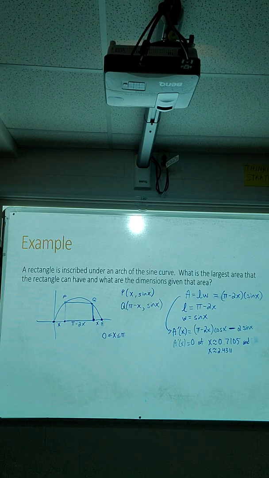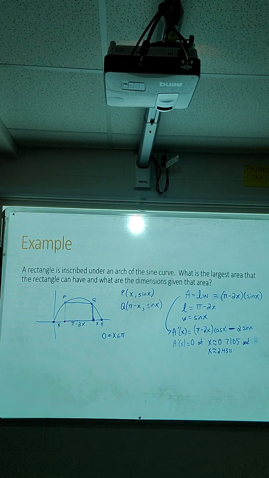Okay, so those are our potential minimums and maximums. We have to test to see whether those are the actual minimums or maximums, though.